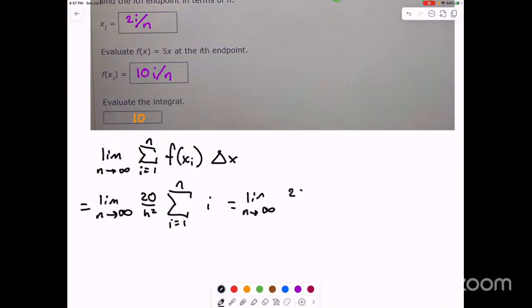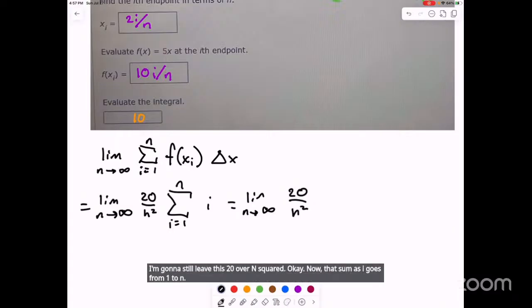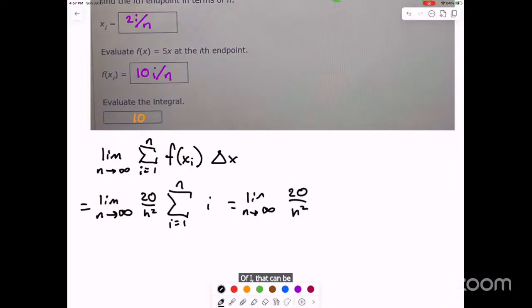I'm going to still leave this 20 over n squared. Now that sum as i goes from 1 to n of i can be rewritten as n times n plus 1 over 2, right? So in the textbook, do I have my page number? Jump to, I think this is page 390.